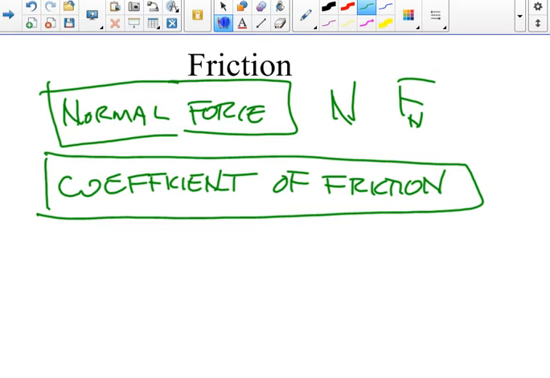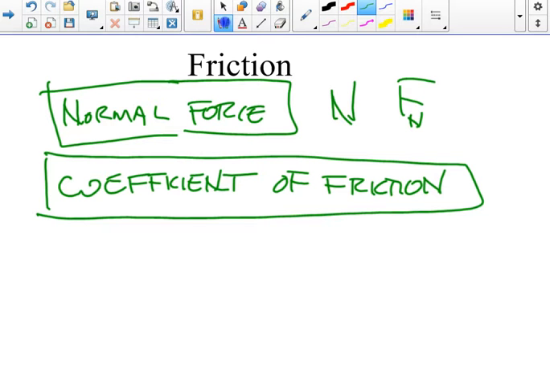So there is a number out there somewhere in some book of tables. There are some in your textbook. You look them up. For rubber on concrete, which would be your typical tire, right? Or, I can't remember, sandpaper on wood, or all kinds of different possibilities. And there'll be a list of them in your textbook. And a lot of times they'll be given in a problem.